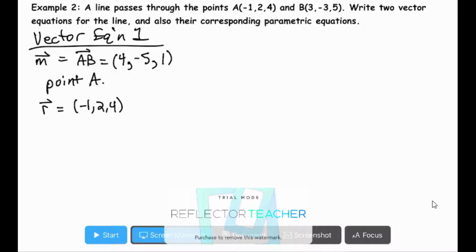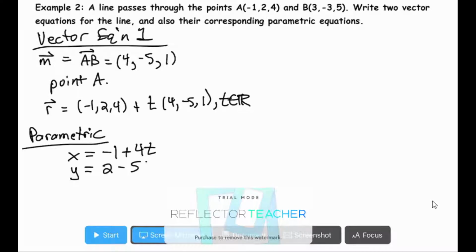Let's find our parametric equations. As always, we're just splitting up our vector equation. So x is equal to -1 plus 4t, y is equal to 2 minus 5t, and z is equal to 4 plus 1t, so just 4 plus t, where t is an element of the real numbers.